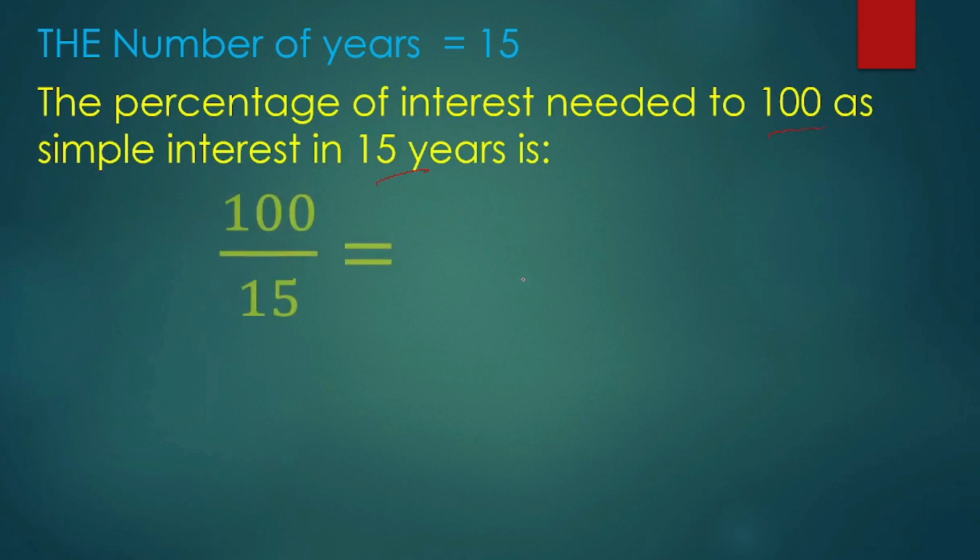So the percentage rate is equal to 100 by 15. 3 sixes are 18, so 2 remains, to be divided by 3, so 2 by 3. So the rate of interest needed for the amount to be doubled in 15 years is 16 2 by 3%. That is your answer.